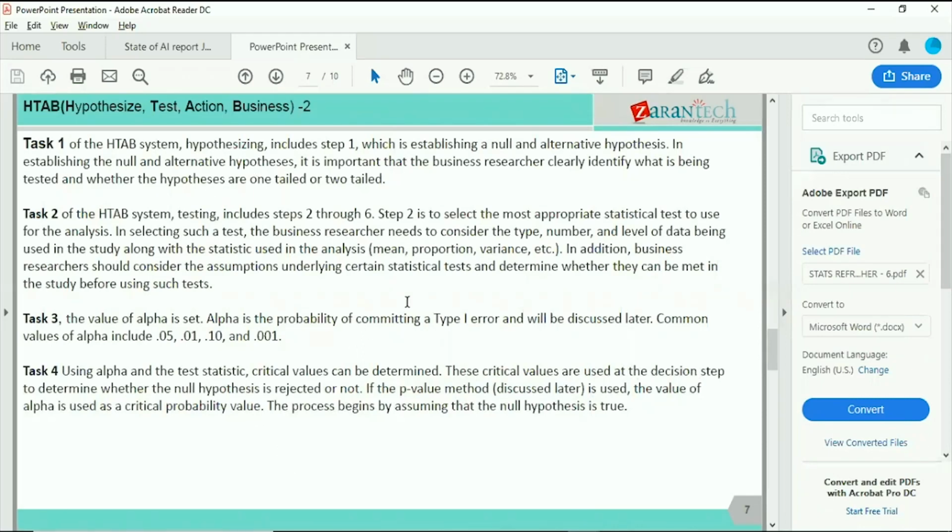So are we clear with these steps? Because we'll solve a problem and you'll have to go through these steps yourself. It's better we clarify these steps before that. Maybe when we solve, we'll come back again.